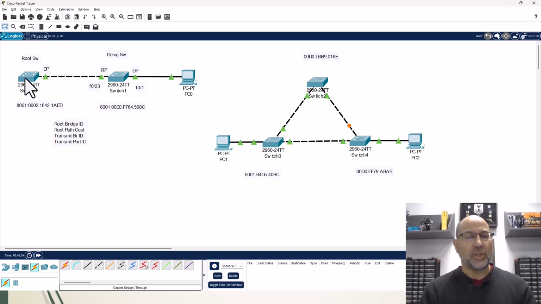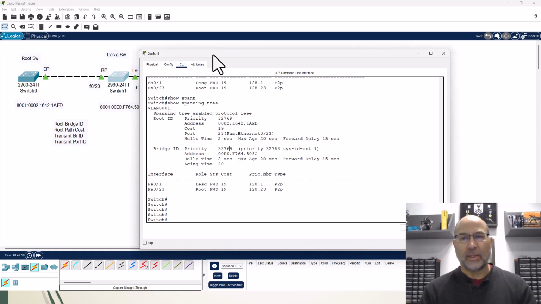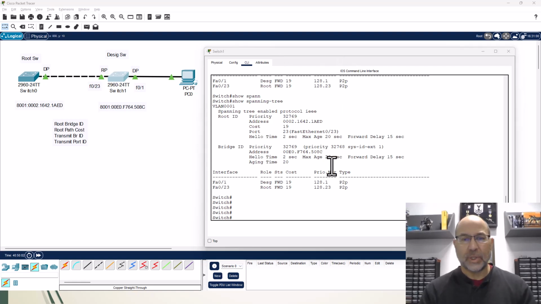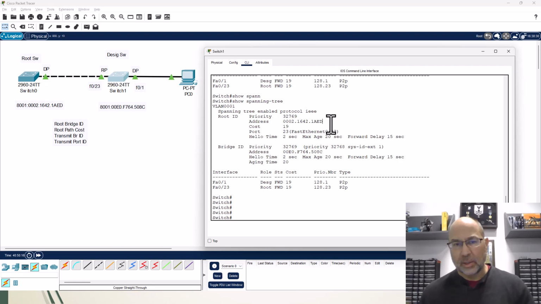So this switch automatically becomes the root. And so if I look at the information given to me here, I can see my bridge ID, a combination of those two. And I can also see the root bridge ID right here. And that is why switch 1 believes that switch 0 should be the root.